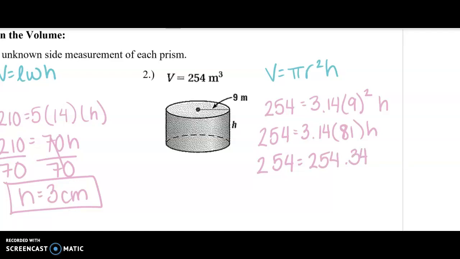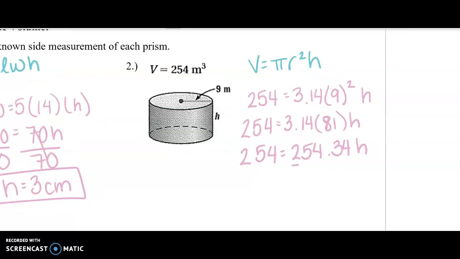We have 254 is equal to 254.34 times h. Okay, from there, when you go ahead and divide, you end up with the height being, if we round it to the nearest hundredth, if you go out one more, it's 0.998, which is really going to round up.